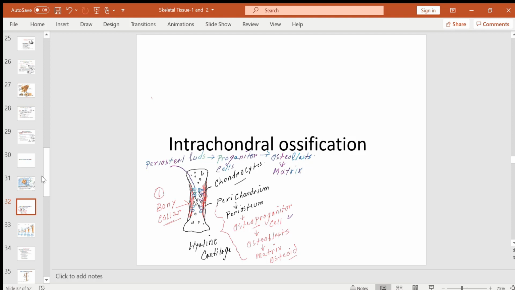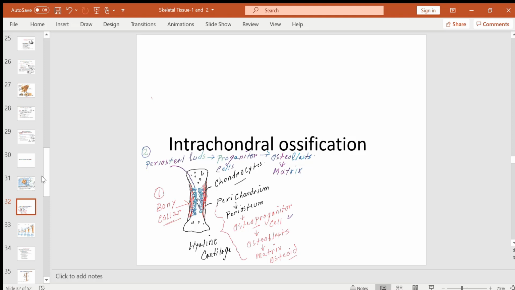So this part will be filled by the new matrix, hard bony matrix. Okay, so now you got that. So that is the step number 2. Formation of periosteal buds from the inner layer of periosteum, and they invade into the cartilage, and they contain the progenitor cells that will produce the osteoblasts, and osteoblasts will produce the matrix that will become the lamella.